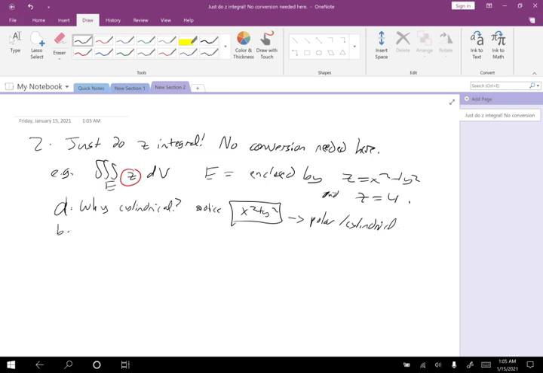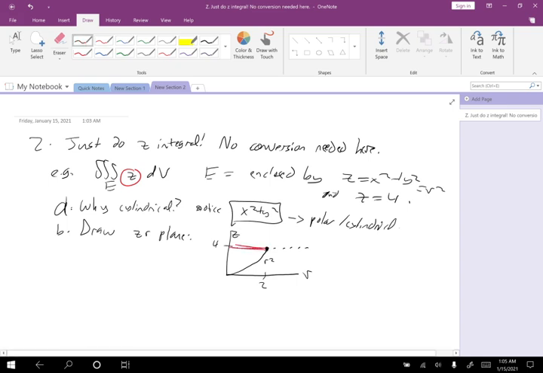Okay, so I would now draw this in the zr plane. If you put z on the y-axis and r on the x-axis, 4 I can draw pretty easily. And then the second one is r squared. So we draw r squared. And that, of course, will be r equals 2 for that intersection point.